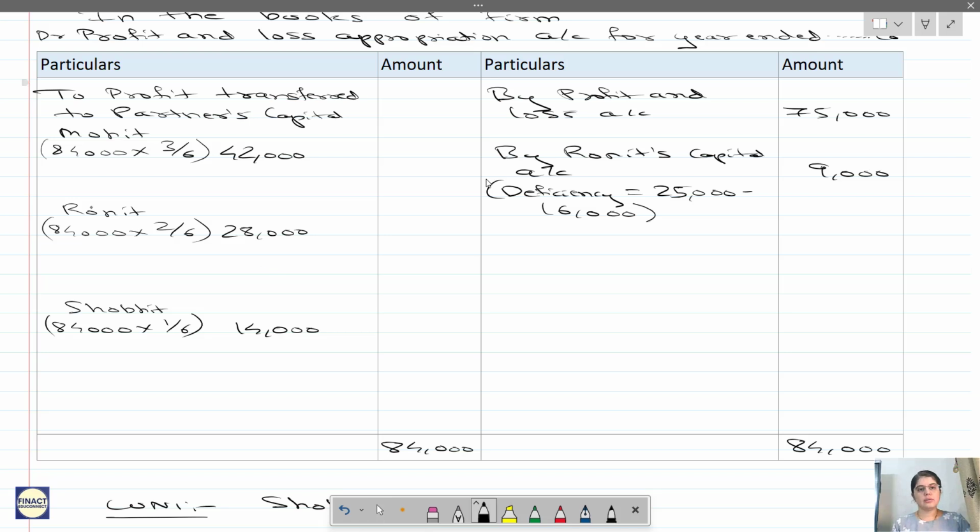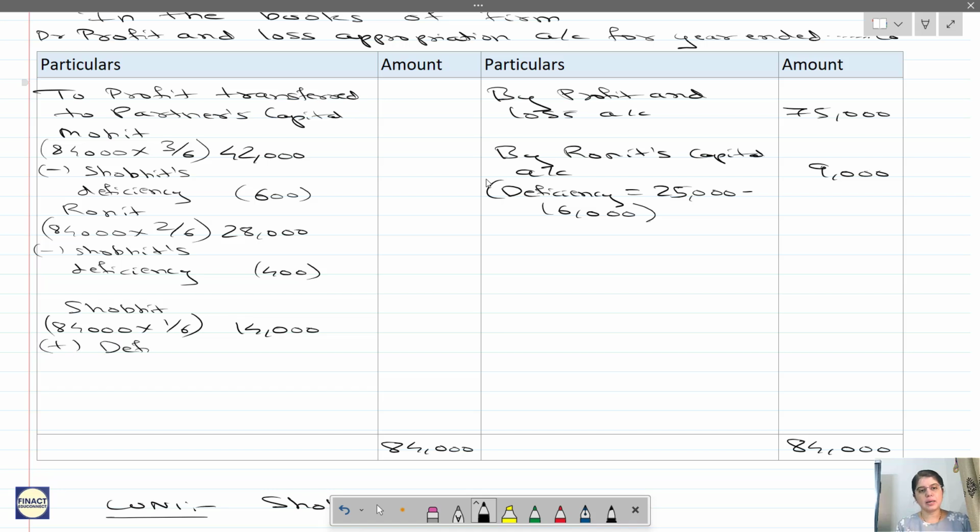Let us do that. Shobit's deficiency 600, Shobit's deficiency 400, and here add deficiency 1,000, 600 plus 400.